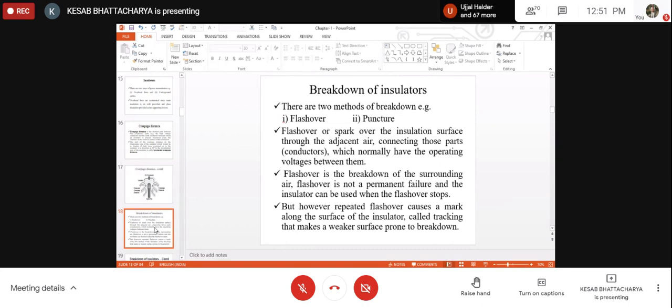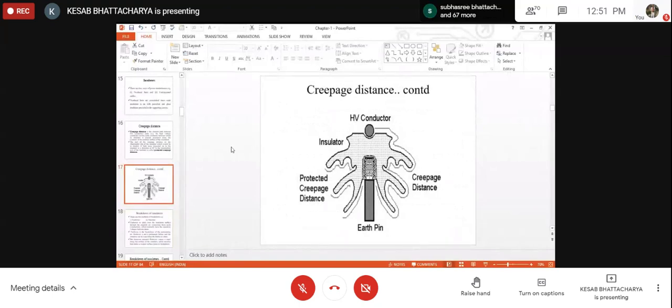Now, flashover or sparkover of the insulation surface is to the adjacent air connecting those parts, I mean conductors, which normally have the operating voltages between them. What does it mean? If we go back to the diagram, flashover means the ionization of the air in contact with the outer surface of the insulating material or the insulator, in between the two conductors which have operating voltage between them.